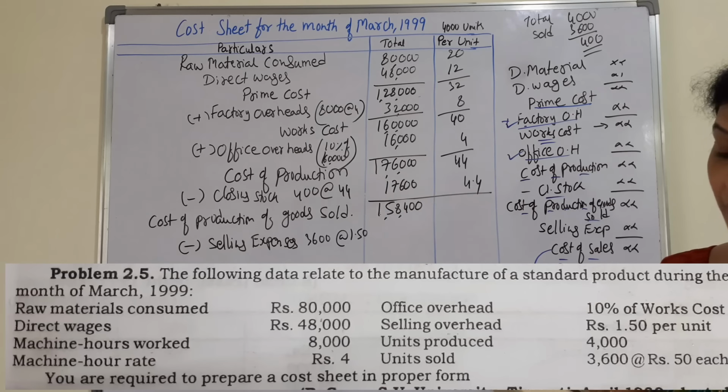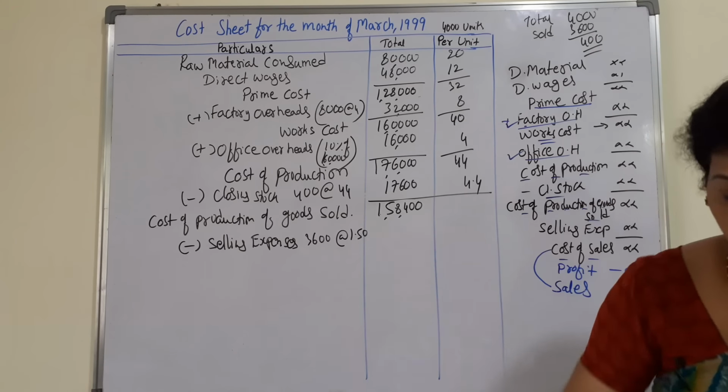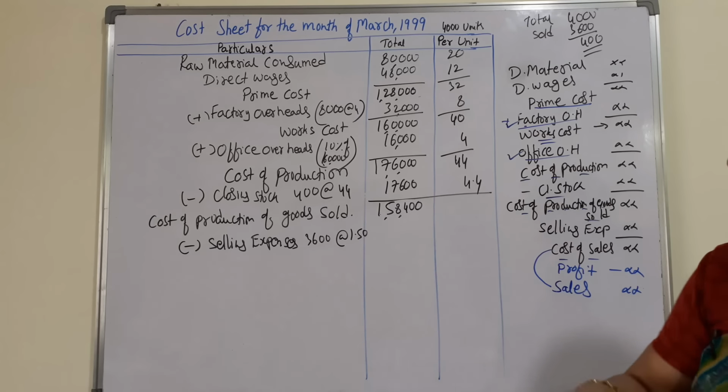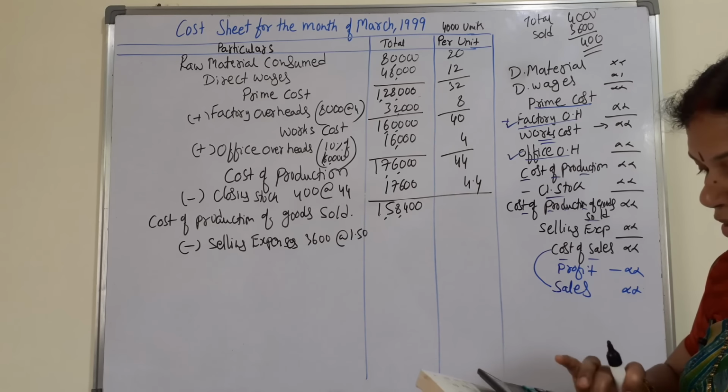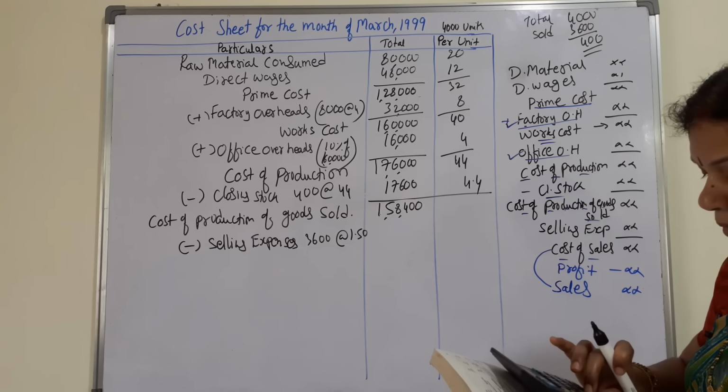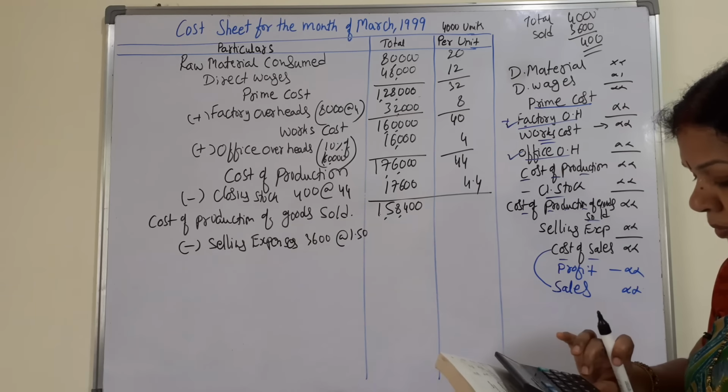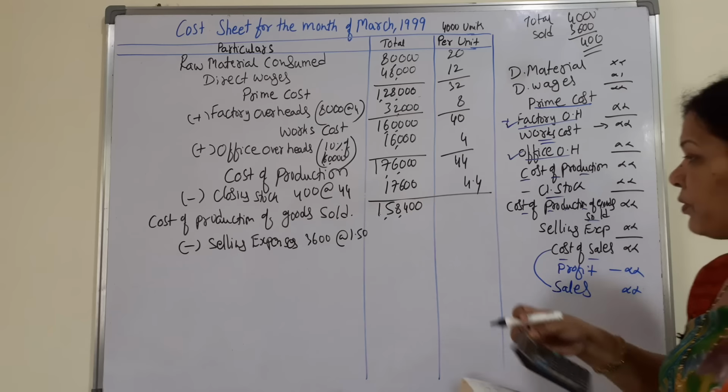So selling overheads are 1 rupee 50 paisa per unit. Sold is 3,600. So if we calculate it, 3,600 into 1 rupee 50 paisa, you will get 5,400.